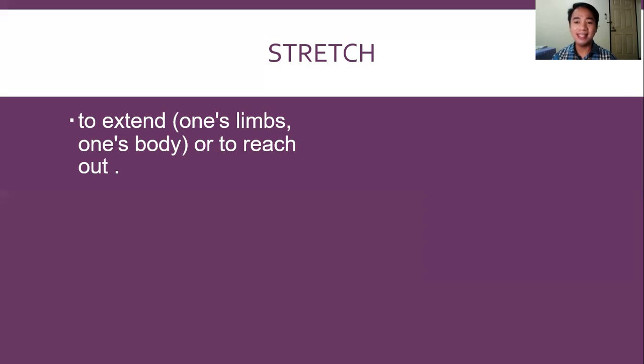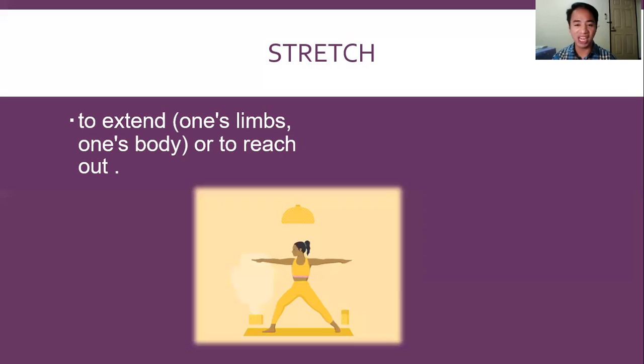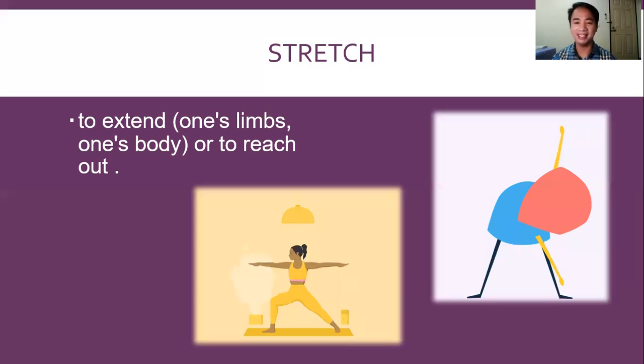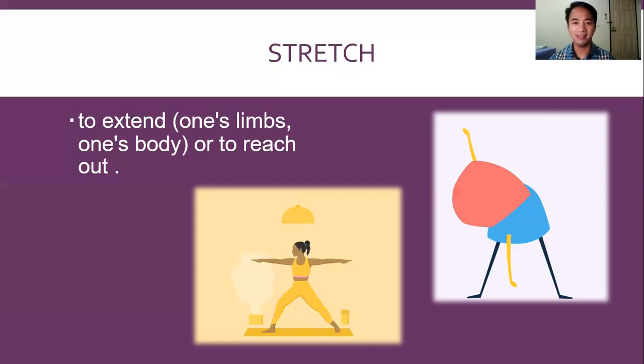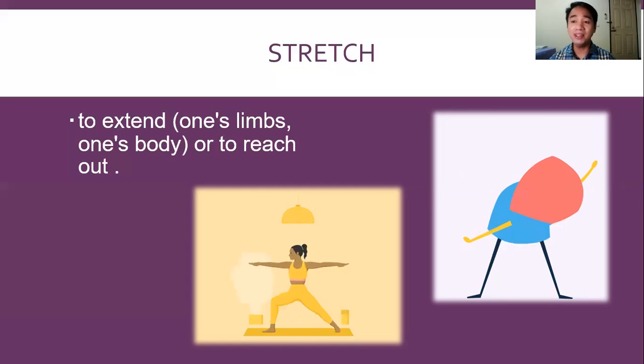This is a picture of stretching. So you are going to stretch your body. Another example is also this one. You're going to extend your limbs or your body parts. So this is what you call stretching.